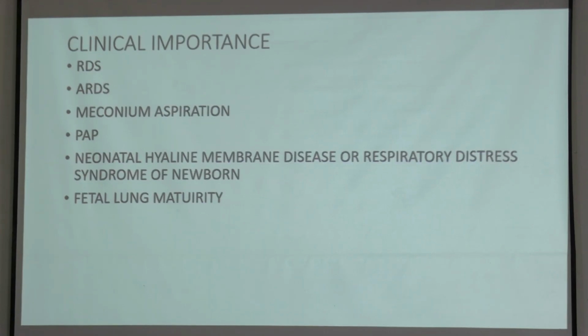If there is too much surface tension, the alveoli will collapse, and we don't want the alveoli to collapse. We want them to be inflated so that next time they can inflate properly, without putting too much pressure. So at end exhalation there will be some inflation, and for that we need surfactant.